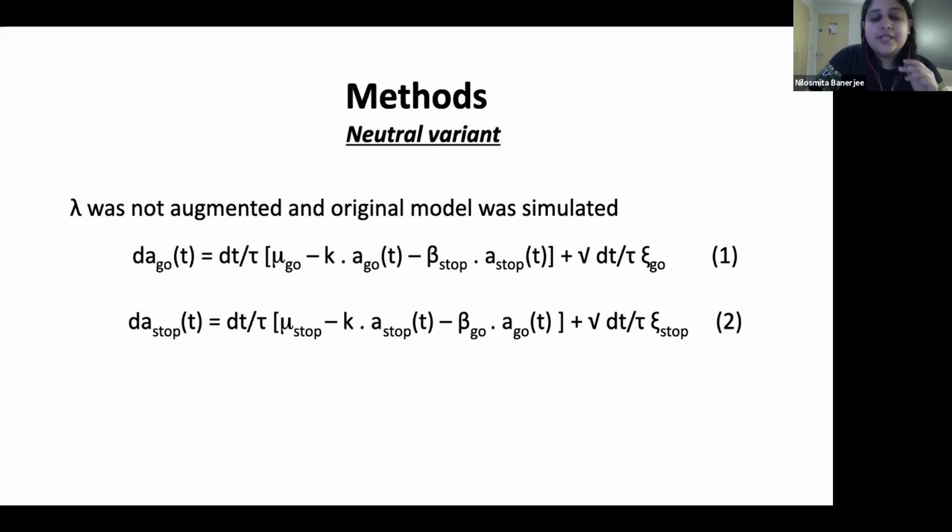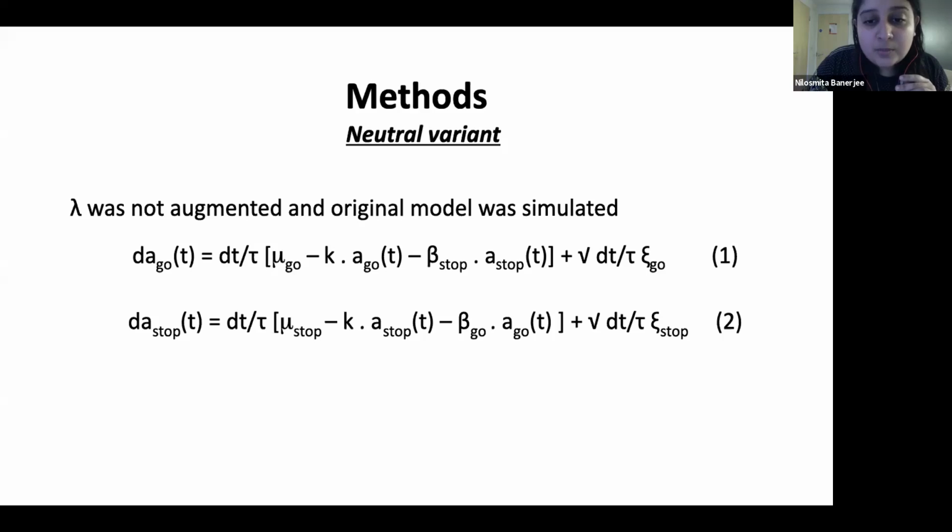DA stop, equation 2, basically formalizes the stopping process. I just want to draw your attention to the most important part of this equation, which is the beta parameters: the beta stop and the beta go. These are the important parameters because they describe the interaction that the 2 processes have. For example, if there is a go trial where no stop signal is presented, there will be no interaction of the stop unit, so the beta go will not be interacting with the beta stop, and nothing will stop the process.